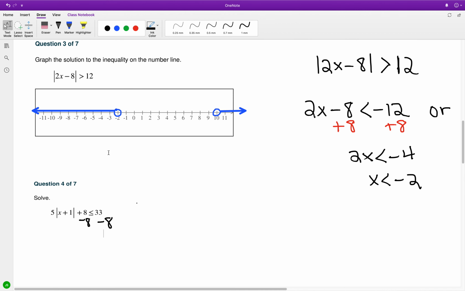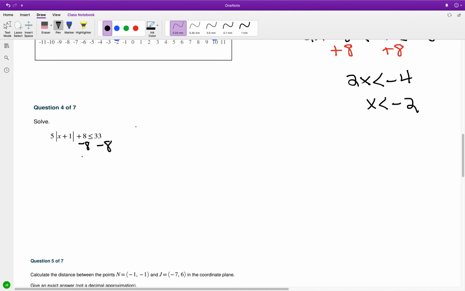So we have 5 times the absolute value of x plus 1 is going to be less than or equal to 25. And if we divide by 5, we have the absolute value of x plus 1 is less than or equal to 5.